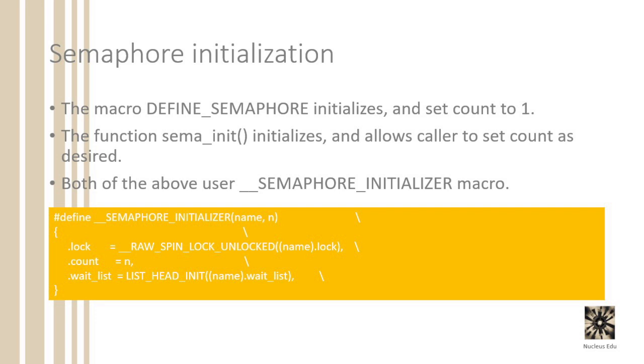And this is how this last macro looks. It initializes the spin lock in an unlocked state and sets count to n, which you had sent. For the first case it would be 1, and in sema_init case it would be whatever you have sent, and it also then initializes the wait list.